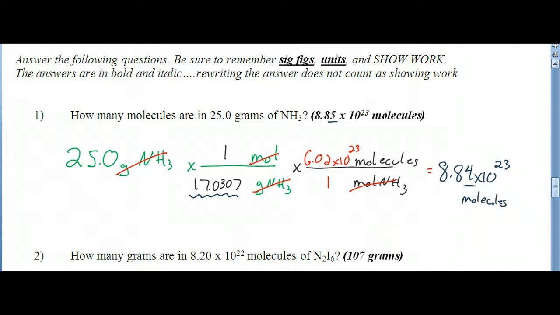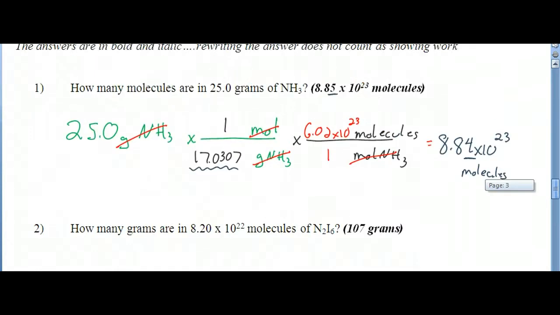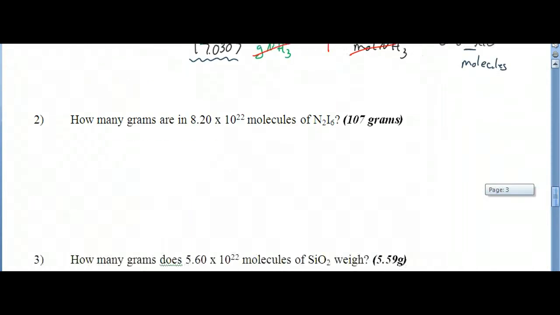I'm going to do another problem with you, maybe go in the backwards way, backwards in relation to number one. Instead of being given grams and asking for molecules, this one we're given molecules asking for grams.